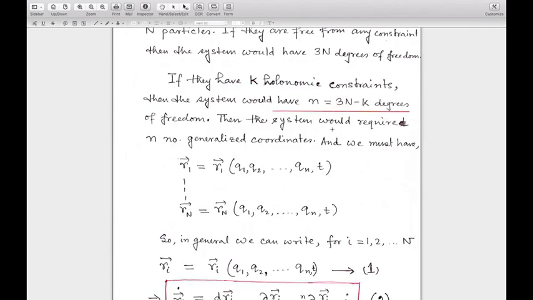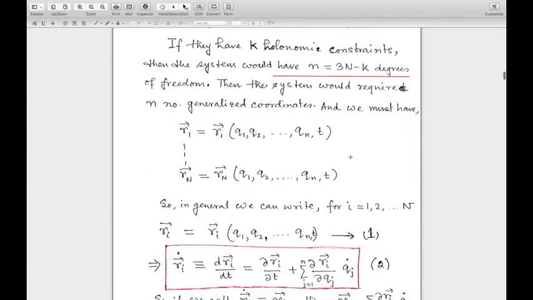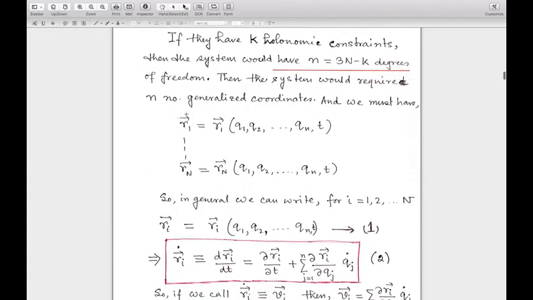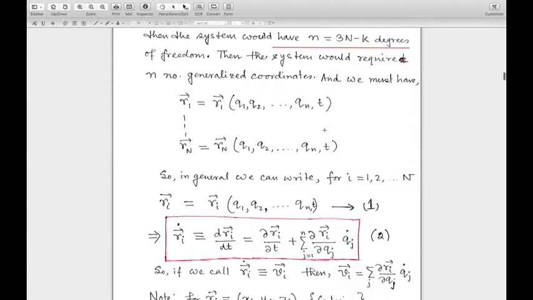Then the system would require small n generalized coordinates, and we must have relations where every position vector Ri of the capital N particles can be written in terms of all the generalized coordinates, small n in number, and t eventually, if t is needed at all.